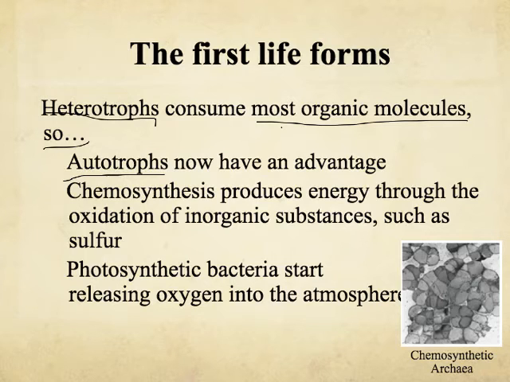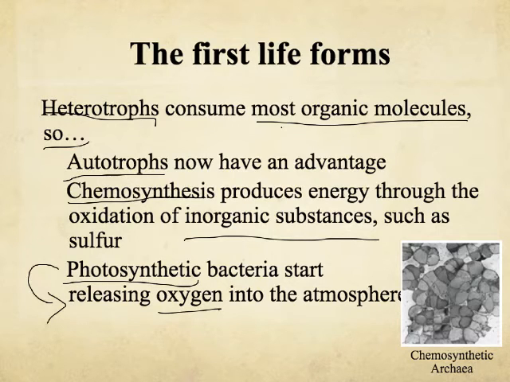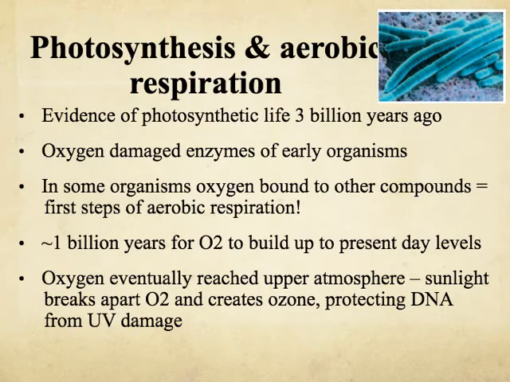So now we get the evolution of chemosynthesis, which is producing glucose by using the energy of inorganic substances like sulfur. And we get the evolution of photosynthesis, little tiny cells, bacteria that can get energy from the sun to make glucose. Okay, and we know one of the byproducts of this process is oxygen. So oxygen is released into the atmosphere. Now this creates an even bigger problem.